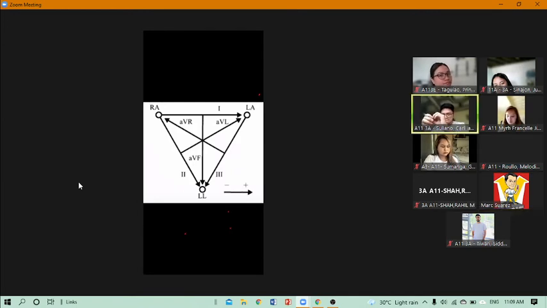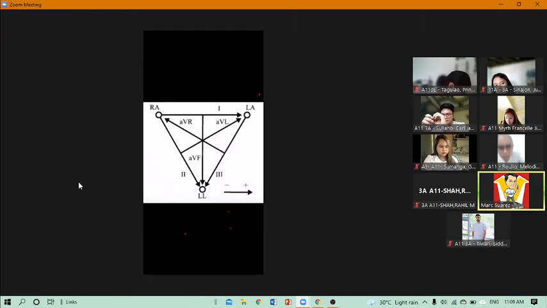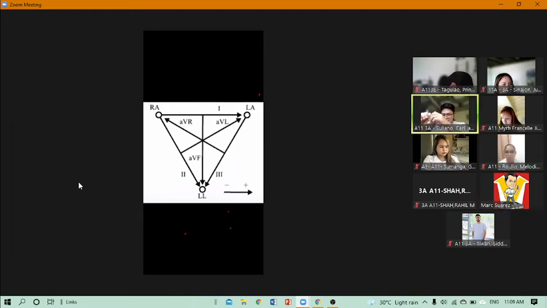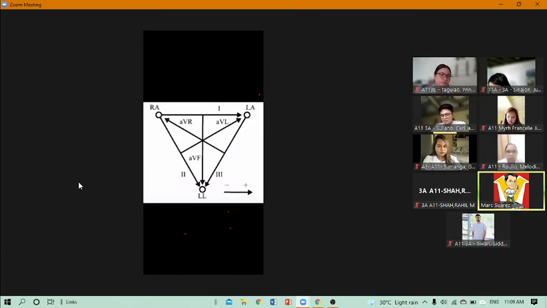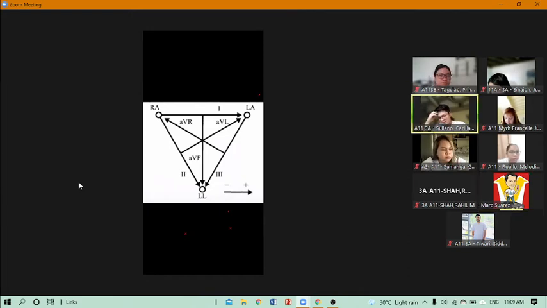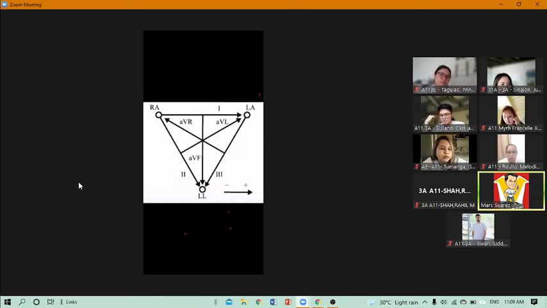Okay? So what if there is an ST depression seen in V1, V2, V3, V4, and V5? Anterior. Anterior wall. So the entire anterior wall, right?